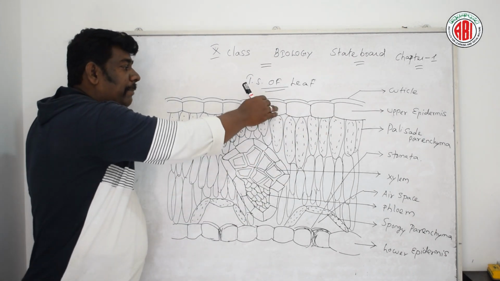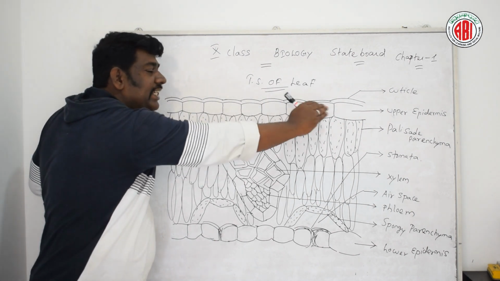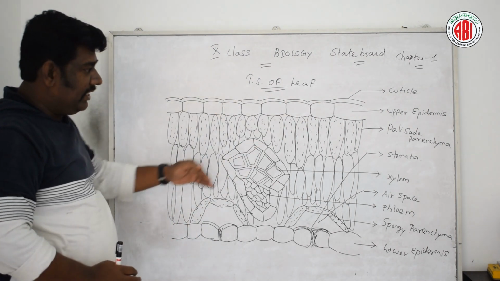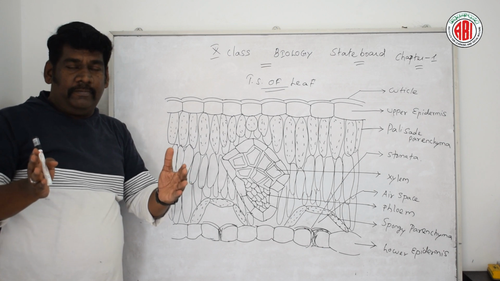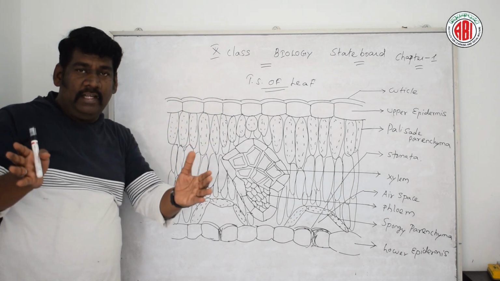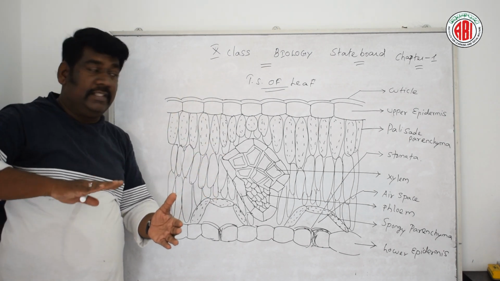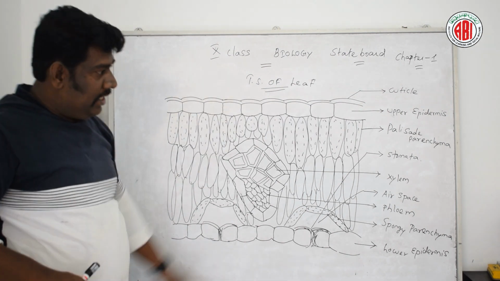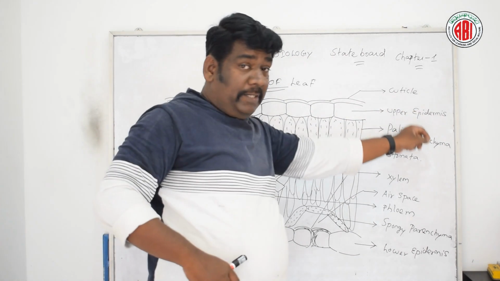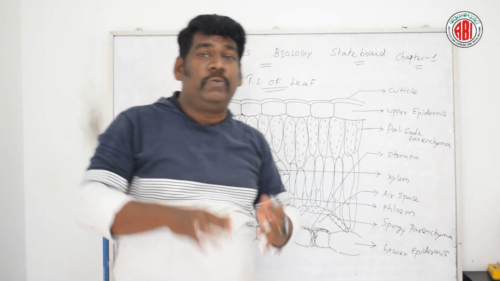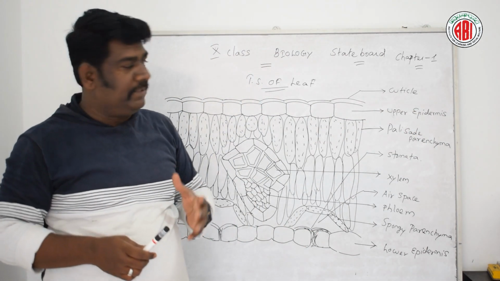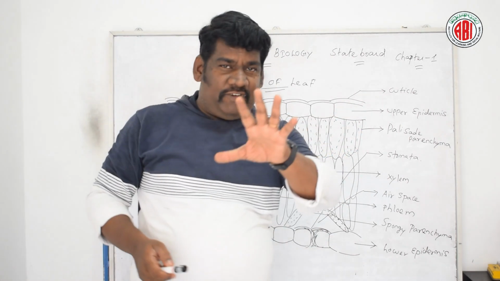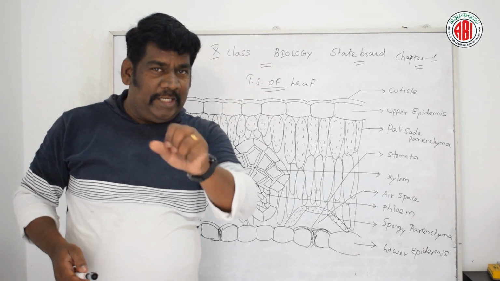Above the upper epidermal layer, one more covering is there, like bricks in a wall covered with cement. That covering is called the cuticle. So keep it in your mind: above the upper epidermis layer, we can see one more covering called cuticle. Very simple.